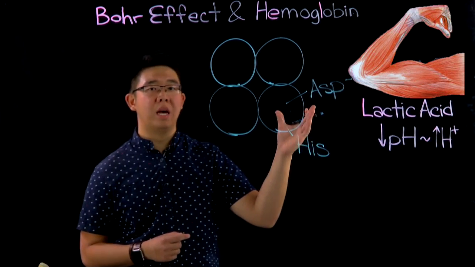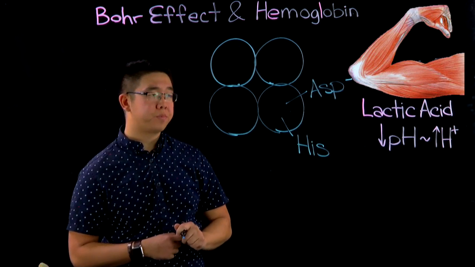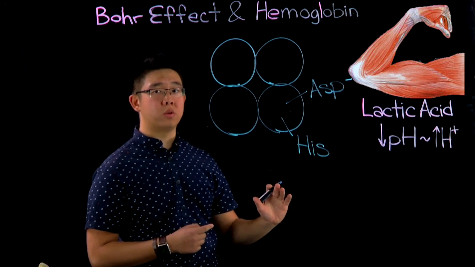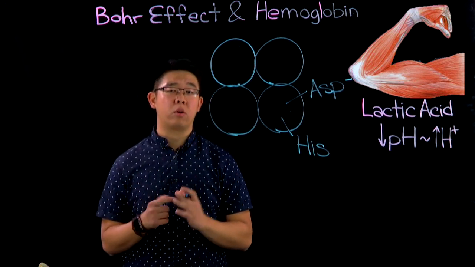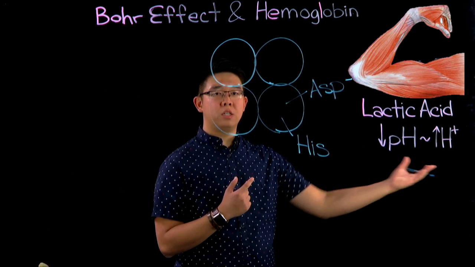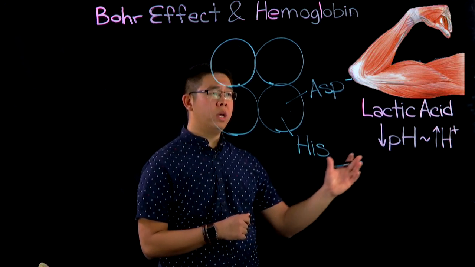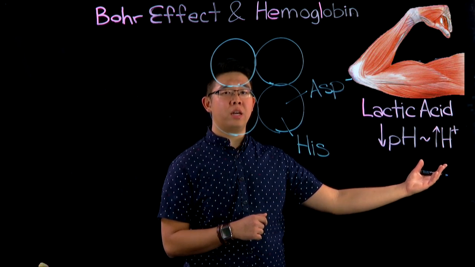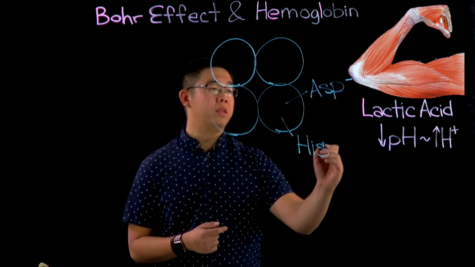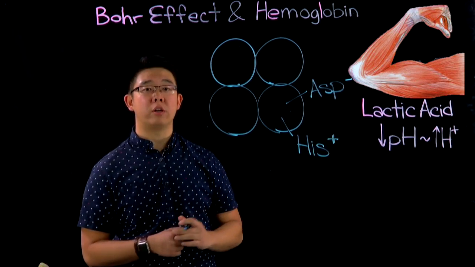And aspartate, as we know, is naturally negatively charged. Now we have to consider histidine, which is relatively neutral at a pH of 7. So how does this change in pH affect histidine? This increase in hydrogen ions really affects histidine in the sense that it can become protonated. And this protonation gives histidine a positive charge.